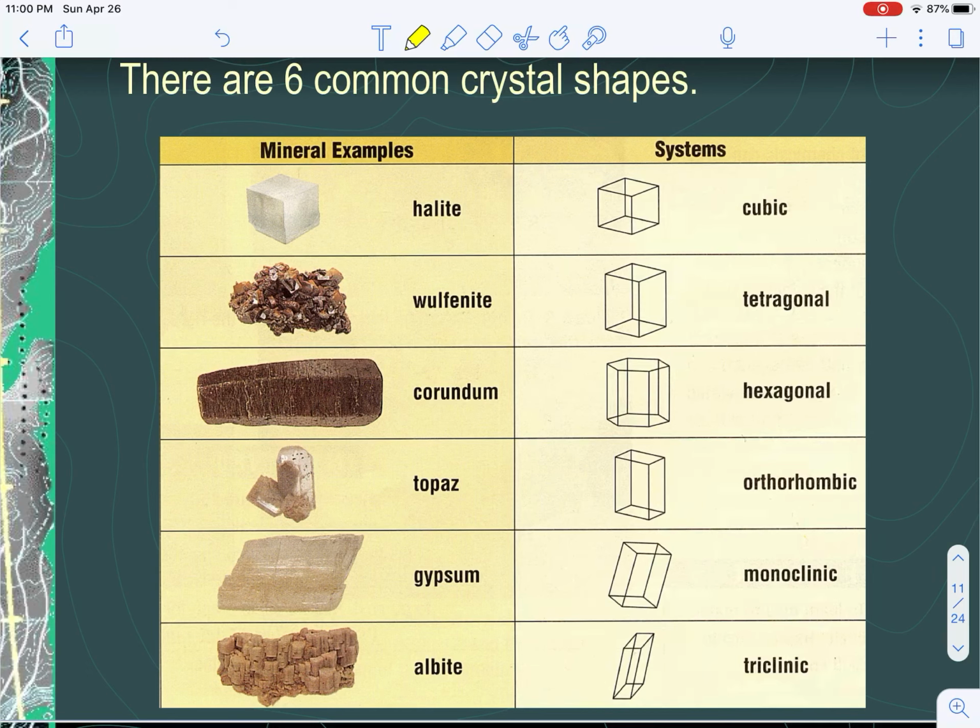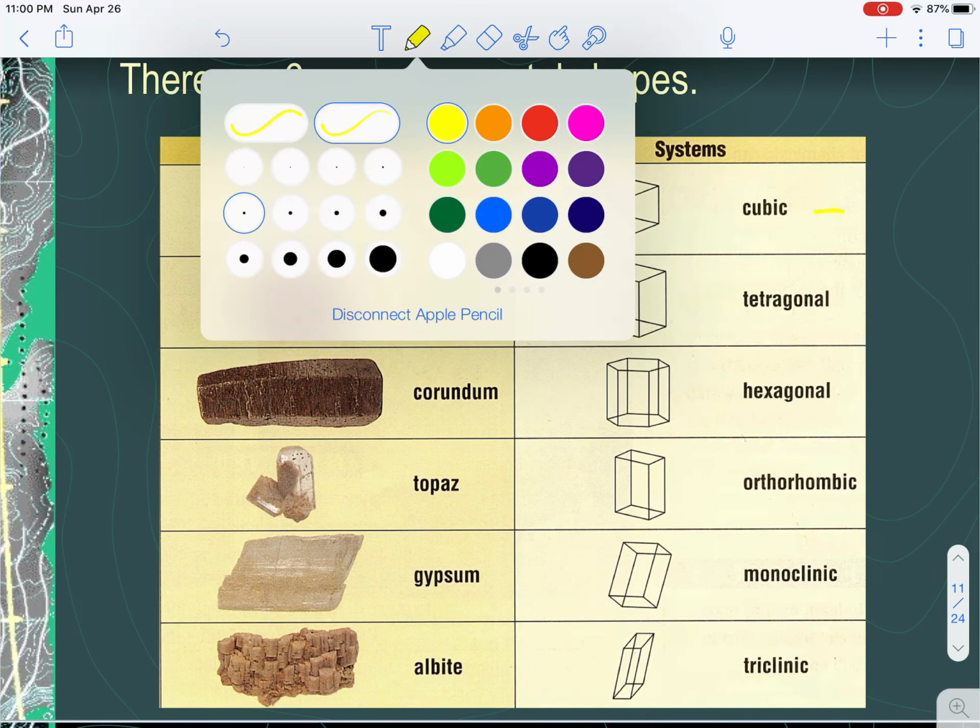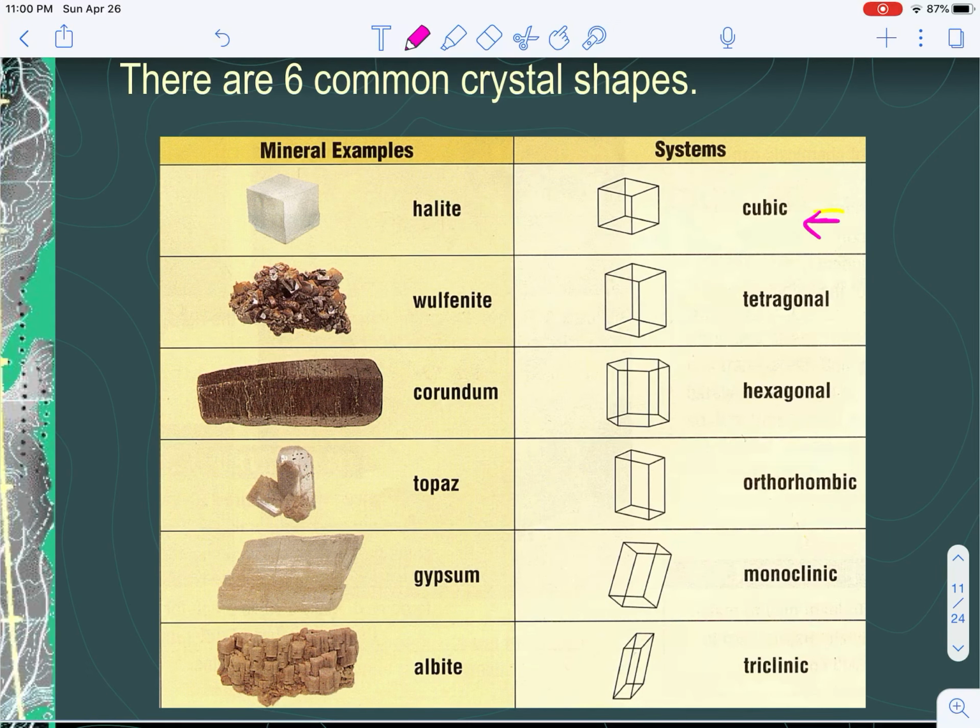And so here are some of the crystals that are found. Halite has cubic crystals, wolfenite tetragonal, corundum has hexagonal, topaz orthorhombic shape, monoclinic in gypsum, and triclinic in albite.